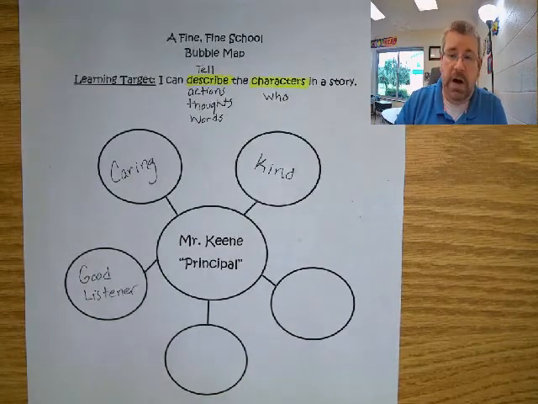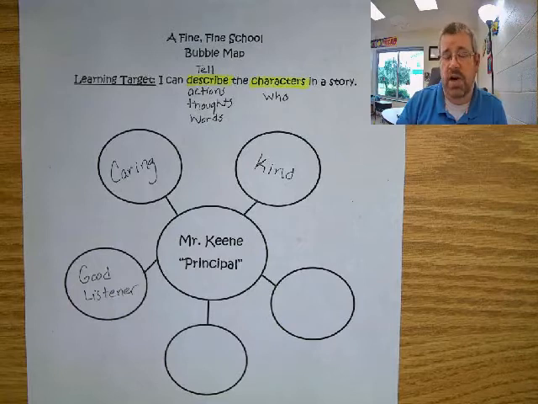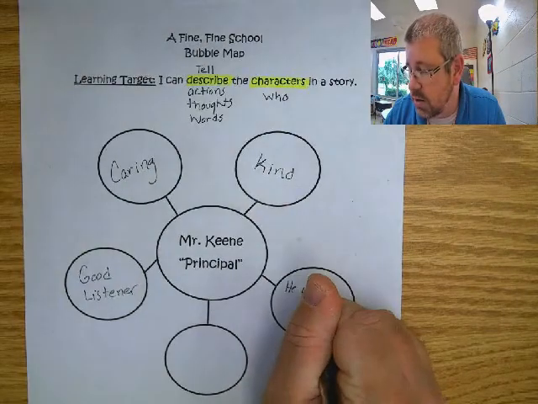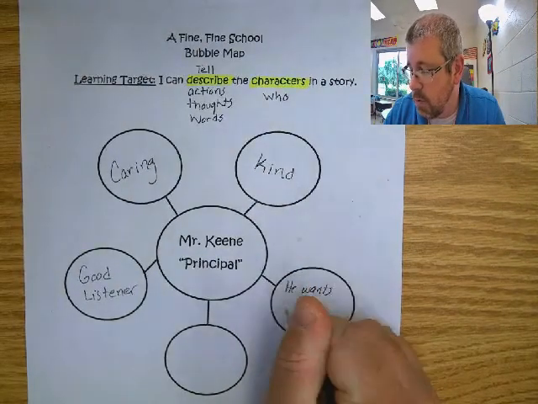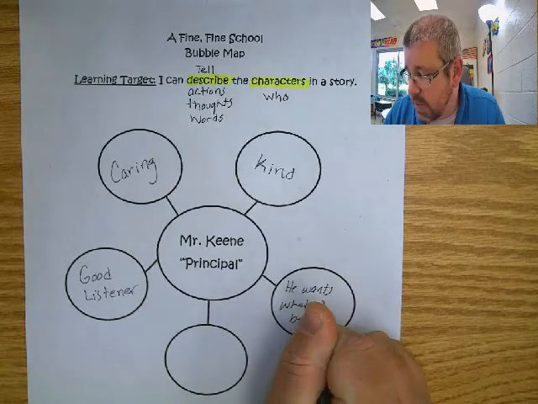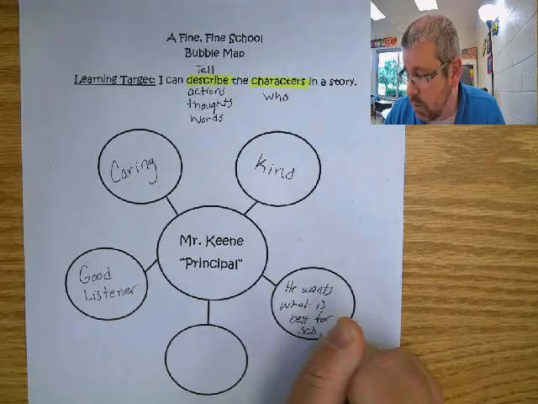So, we also know there's a thought that he has. And that thought is that he wants what is best for his school. So, he wants what is best for school.